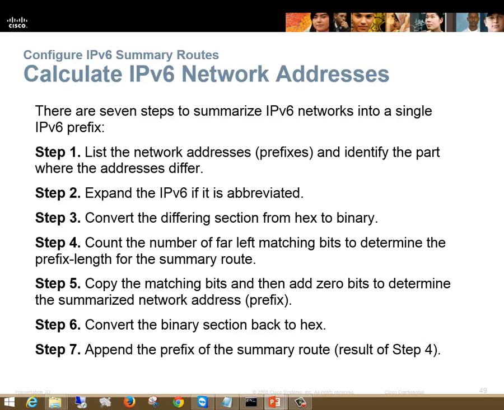This is something that you can do directly, but because I am not real strong at math, the way I do this is convert it from hex to decimal and then decimal to binary. Count the number of far left matching bits to determine the prefix length. Copy the matching bits and then add the 0 bits to determine the summary. Convert it from binary back into hex, which again I would go through decimal, and append the prefix. So that's finally the result of step 4.